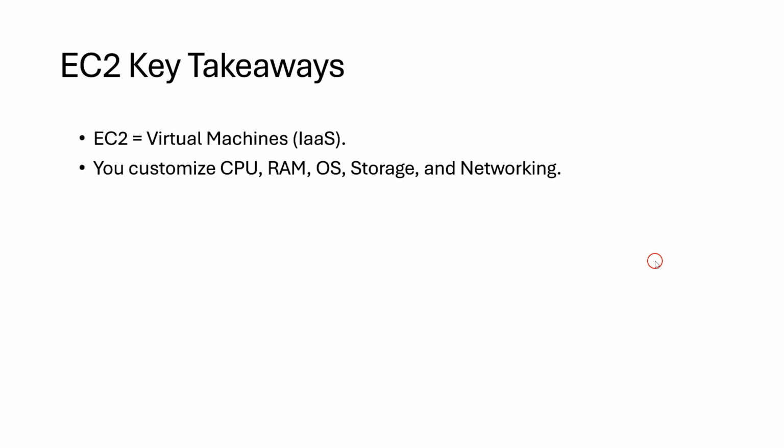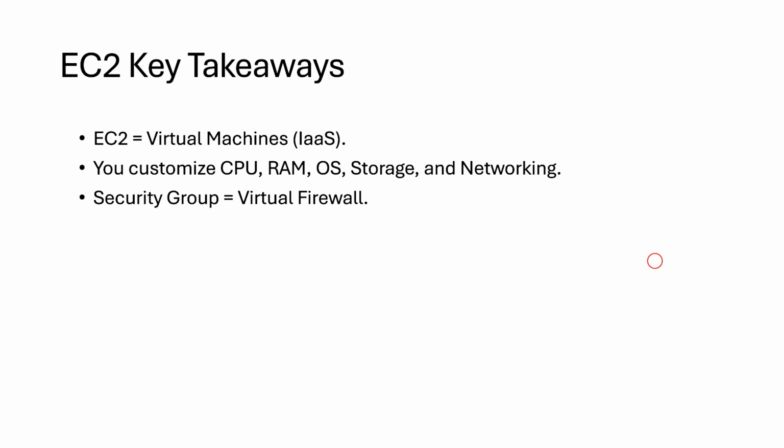Here, the major key takeaways you have to remember are: EC2 is nothing but your virtual machines, which is infrastructure as a service. And you can customize CPU, RAM, operating system, storage, and networking as I mentioned in the previous slides. And it has the security group, which acts as your virtual firewall, right?